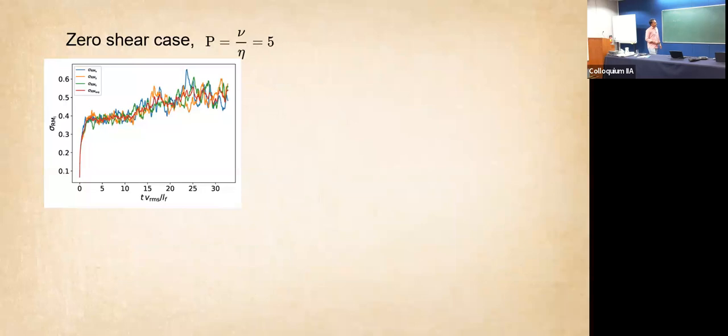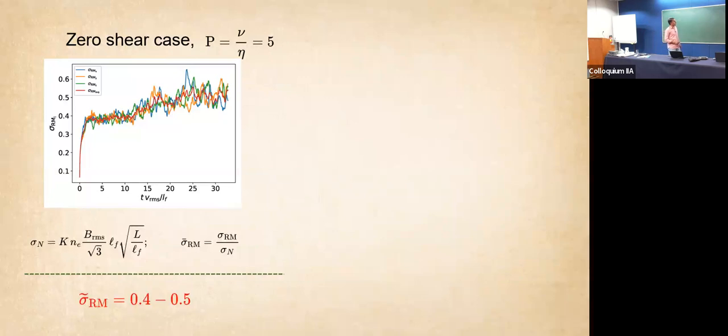So this is for the zero shear case, where I have shown the sigma RM. Here what I have shown is the normalized sigma RM. I actually use a particular theoretical model to normalize. In this model there is a VRMS field which is uniformly filling the cube, all the turbulent cells.